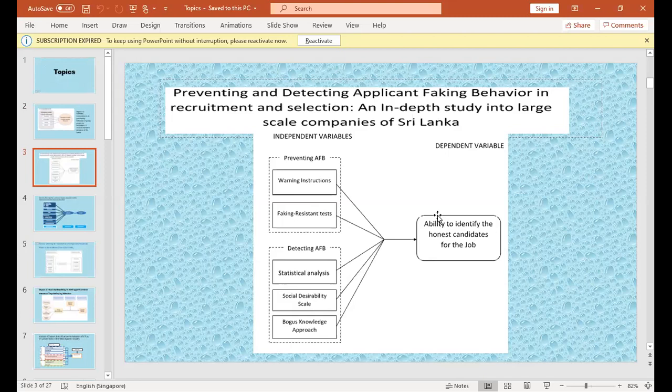They can say that they possess certain skills and abilities, but actually they do not. So even with a screening process, did we get exactly the person we need? Are the preventing and detecting mechanisms in the recruitment and selection process successful? That's the research. Now you tell me how you set about with it.